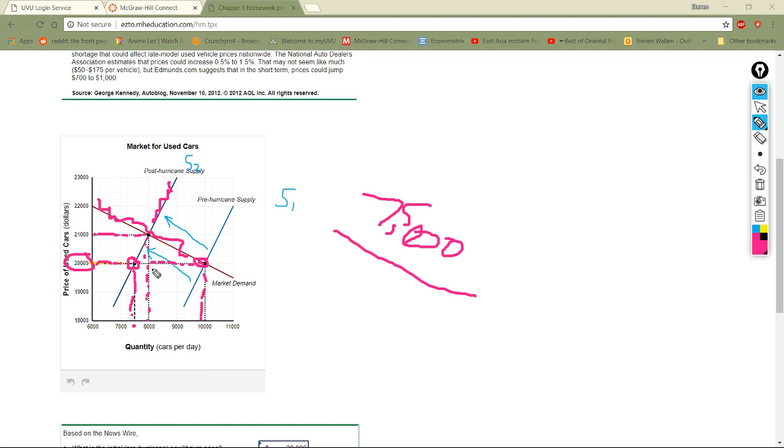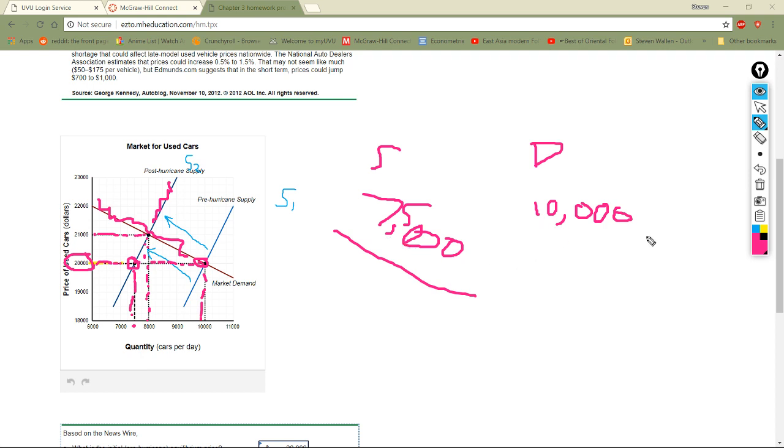And then if we come over here, what's our demand? Their demand didn't change because of the hurricane, so the demand was still at 10,000 at that price level. So, looking at this, we are supplying 7,500, but people are demanding 10,000 at that price.